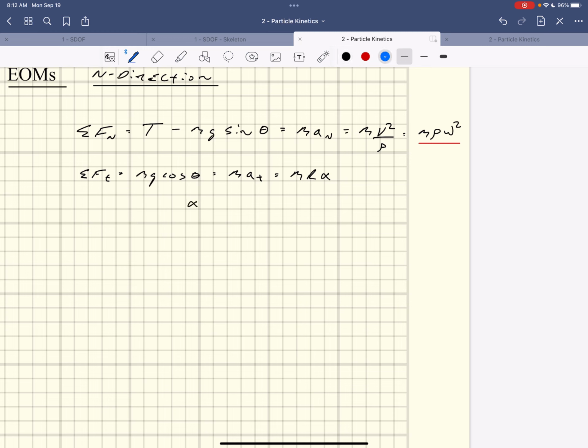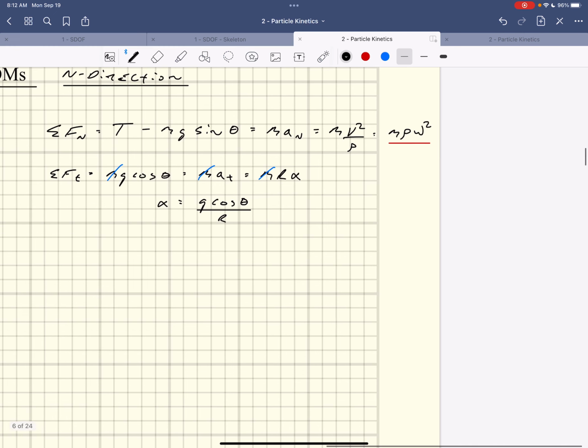All right, these masses cancel out. Those go away. And so alpha is just equal to g times cosine theta divided by r.